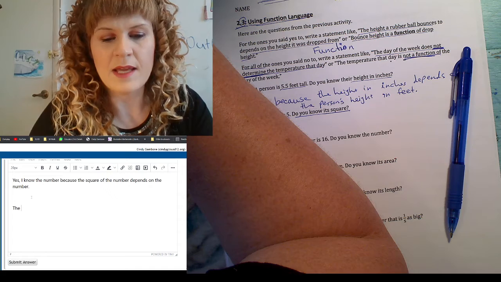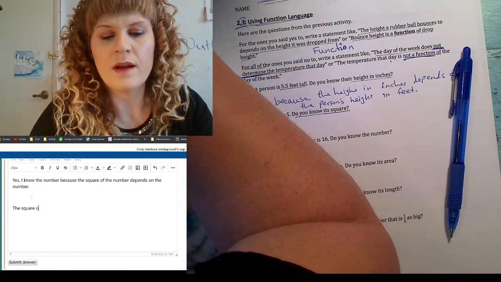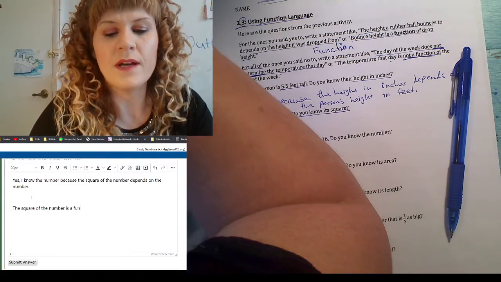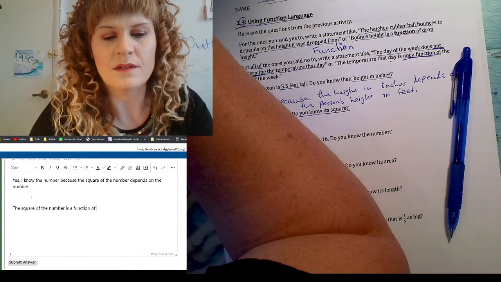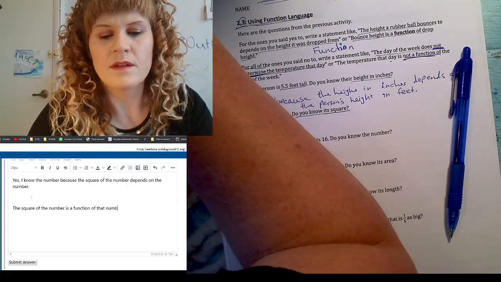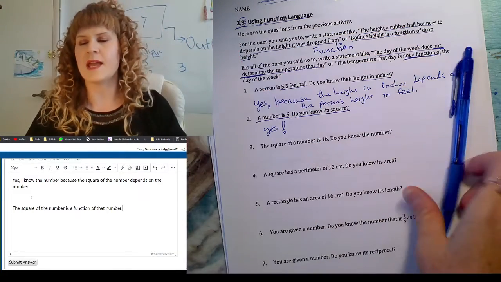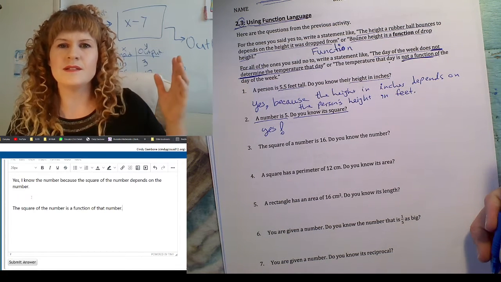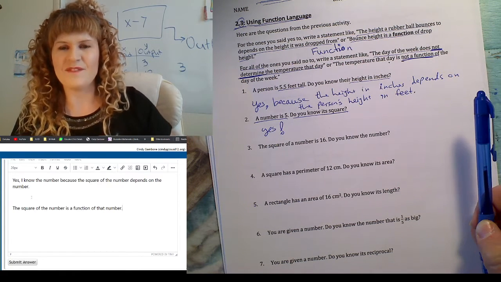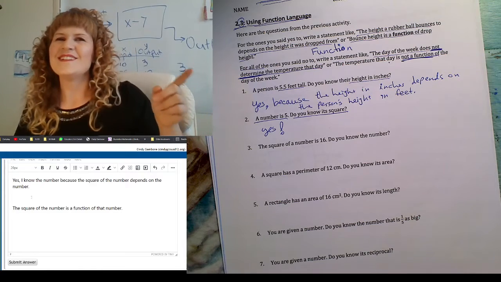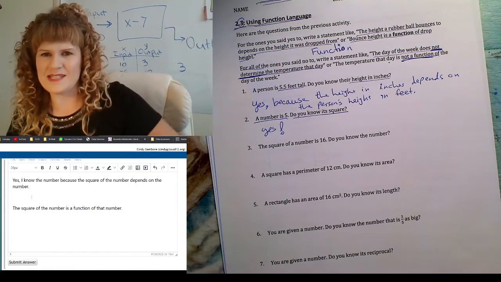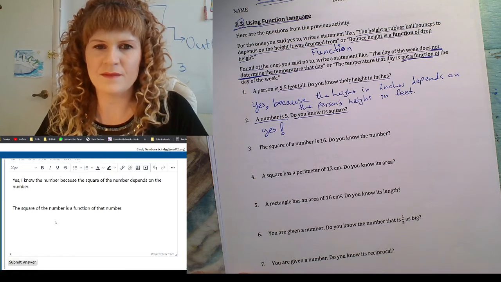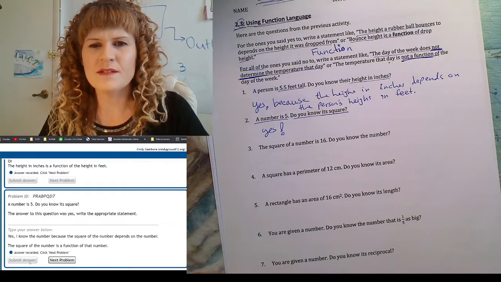And another way to say it, the square of the number is a function of that number. So whenever you hear someone say it is a function of something, it means it directly depends on that thing. If that thing is something, it has to be this. It's a function of that. It depends on it. Submit your answer.